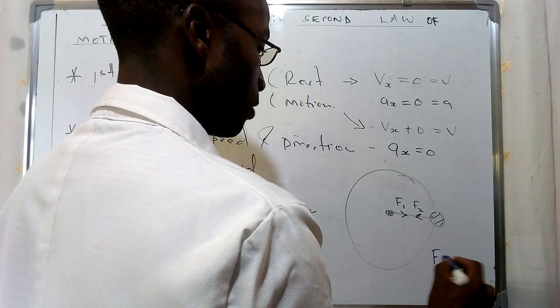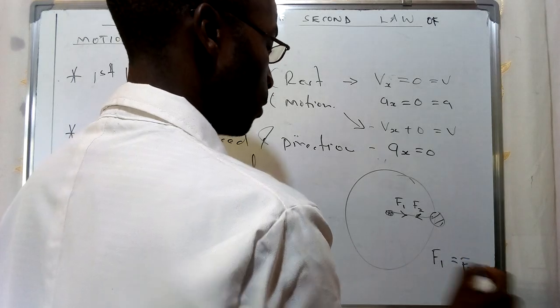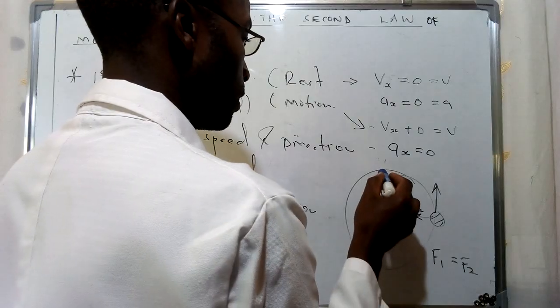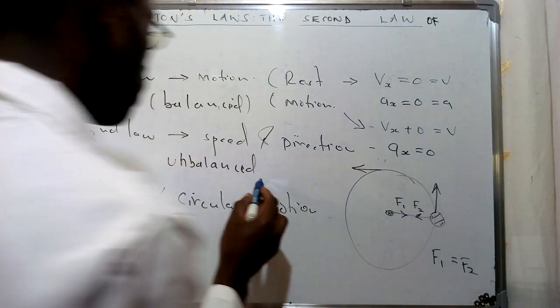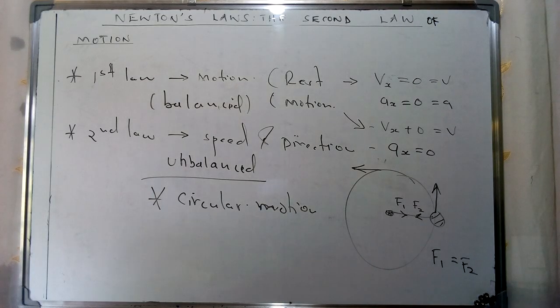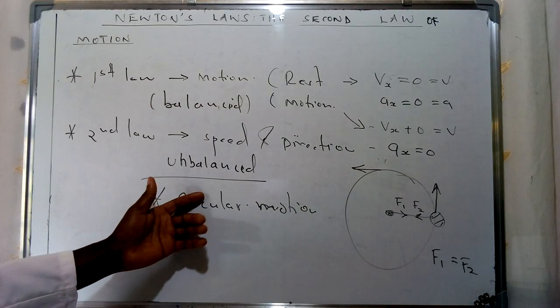We're going to see an equilibrium for the two forces, but due to the change in the direction of motion of the object, the forces experience imbalance, and therefore they are described as unbalanced forces.